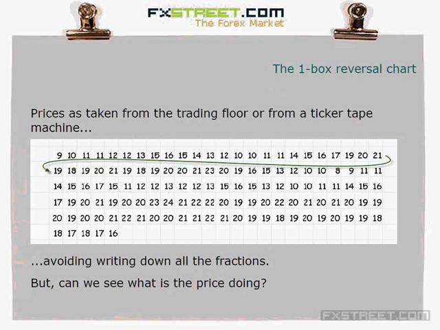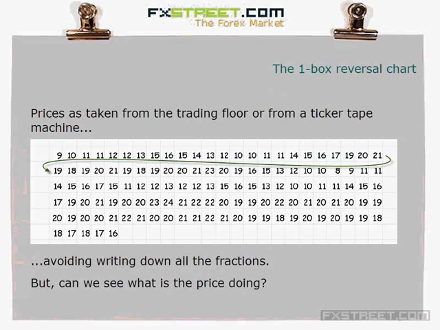Okay, we see here a price sequence. This is a number sequence. Let's imagine these are prices, taken from the trading floor, from a ticker tape machine as they flow. We avoid writing down the fractions, so we just took note of round numbers.